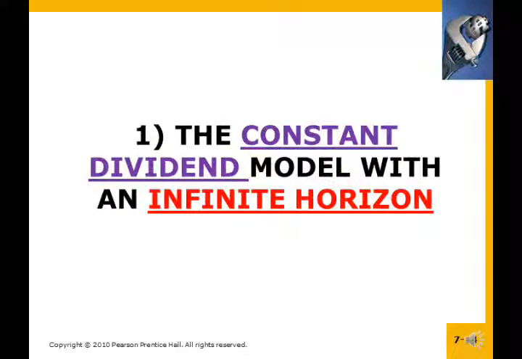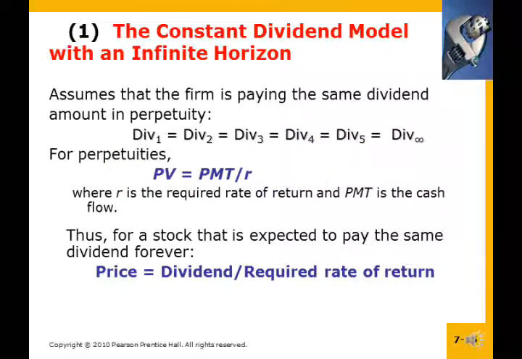So the first model will be the constant dividend model with an infinite horizon. From the title, you will have fixed dividend and no maturity date. In the constant dividend model with an infinite horizon, you will assume that the firm is paying the same dividend amount in perpetuity.